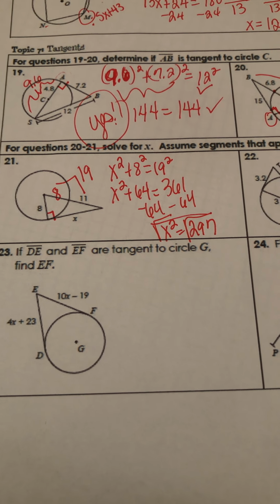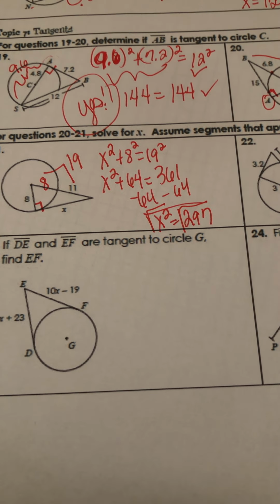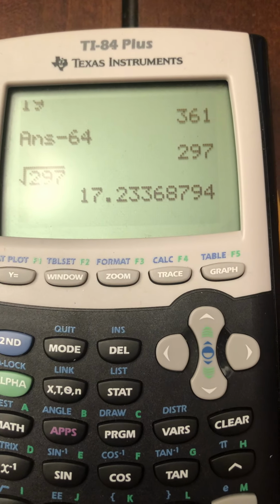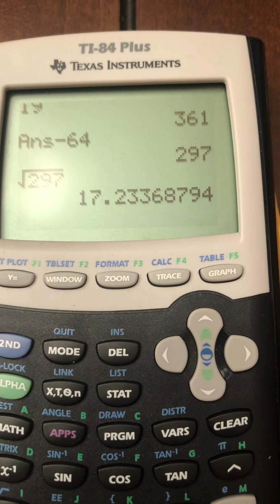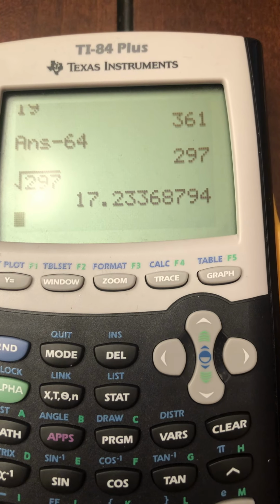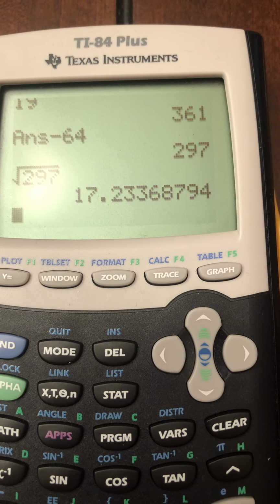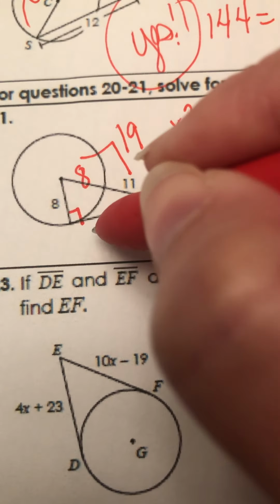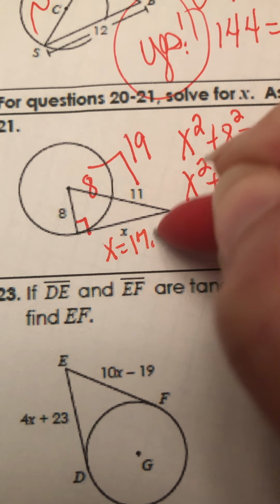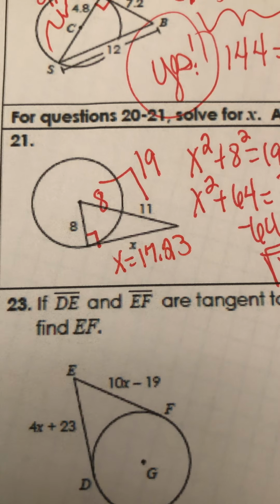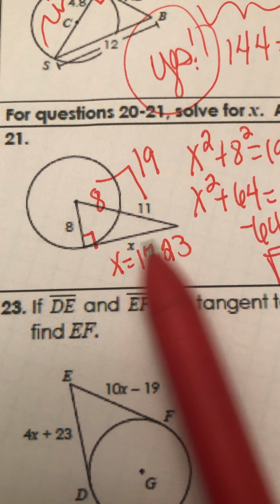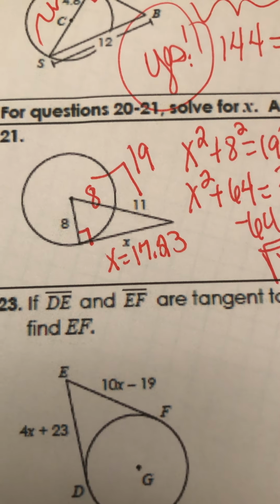So the square root of 297, okay, you see on my calculator I have 17.23. I'm going to go ahead and round to 2 decimal places to get 17 23/100. So x is equal to 17 23/100. And that's going to be the length of my tangent line.